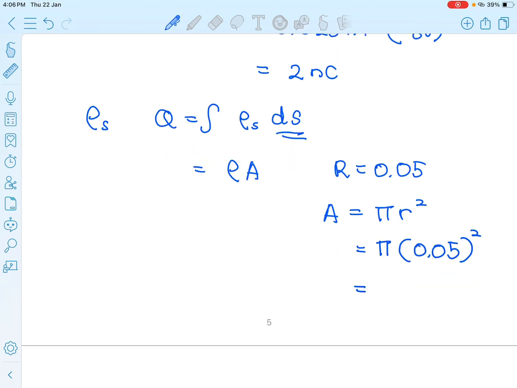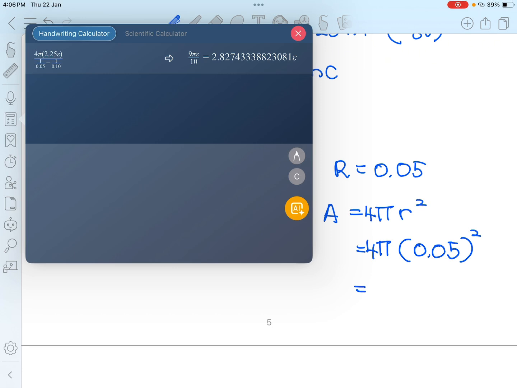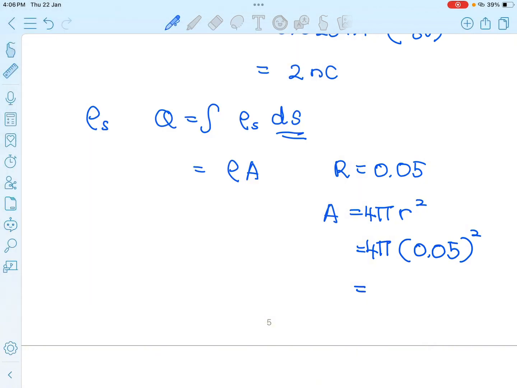Wait, there is a mistake on the equation. It should be 4. So let's calculate this one. 4 pi 0.05 square.